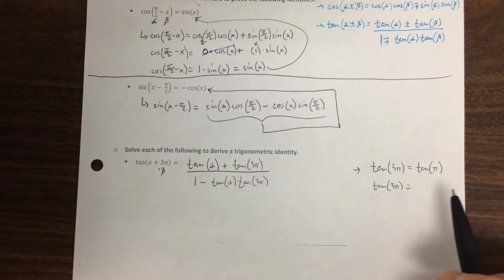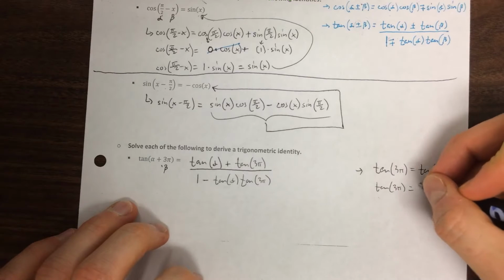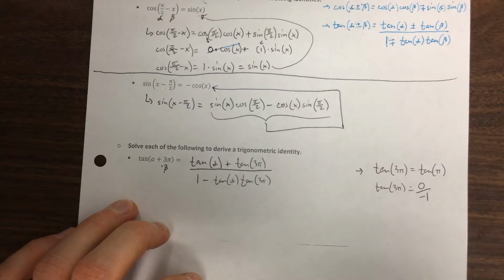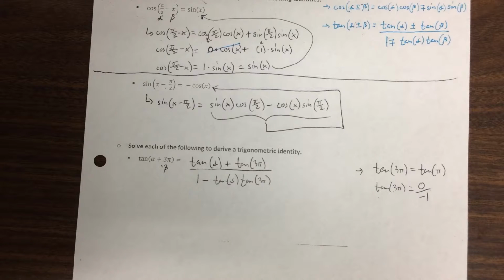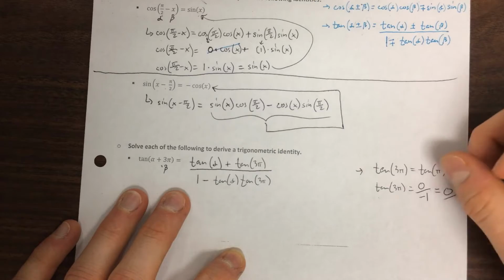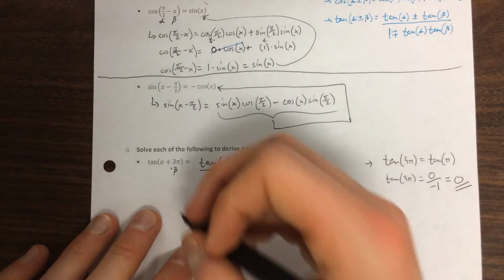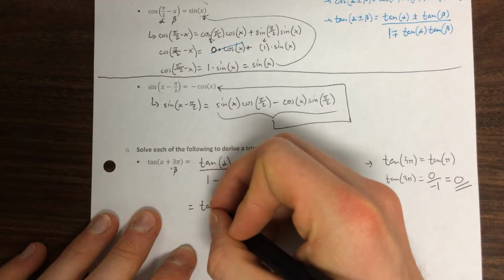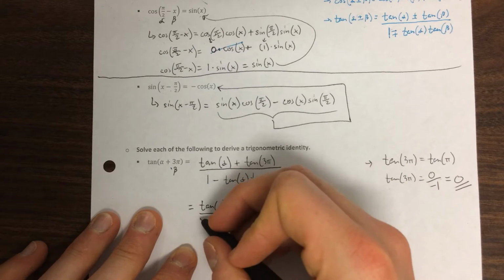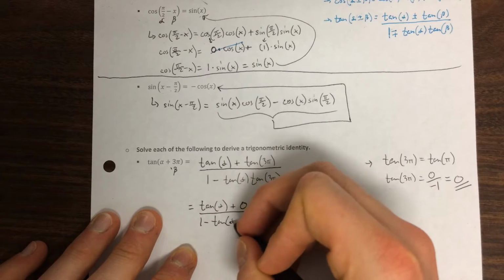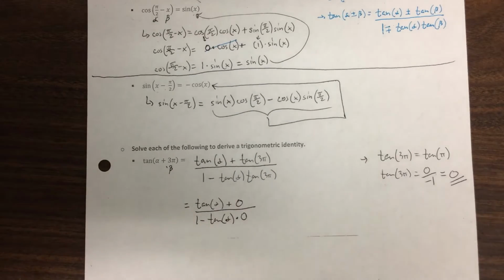Tangent we know is sine divided by cosine. So if you're at the pi coordinate here, sine at pi is 0, cosine is -1. 0 divided by -1 is 0. So when we come back here to our formula, tangent of alpha, that stays. But now we know tangent of 3 pi is 0. We just showed that.